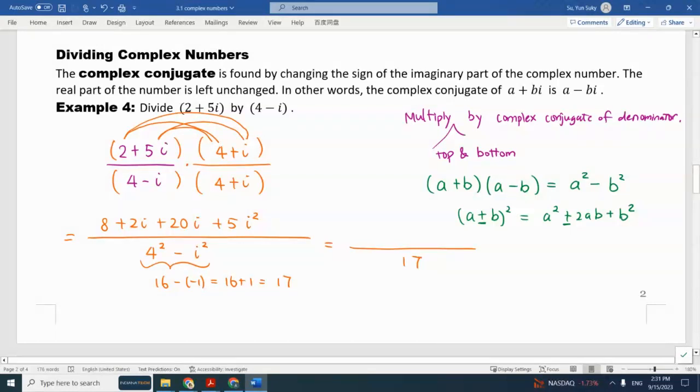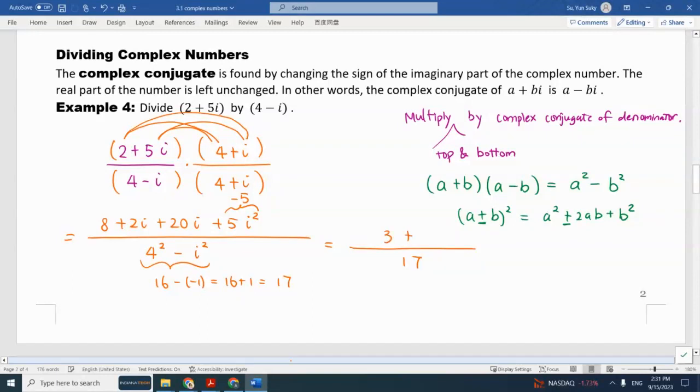Look at your numerator. What's i squared? -1. So this becomes -5. Right, everybody? So combine the like terms. 8 minus 5 is 3.